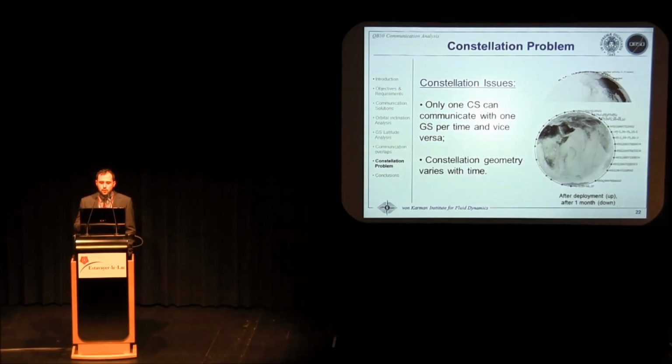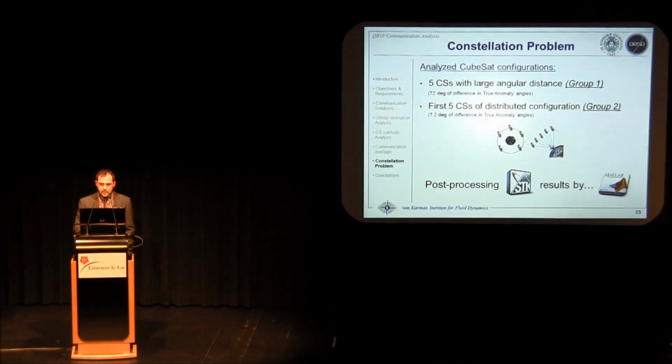The main problem for the constellation is that the constellation geometry varies with time. So I introduced 2 different groups of CubeSat. The first one, group 1, for larger angular distance between CubeSat, and the second one with closer distances between CubeSat.